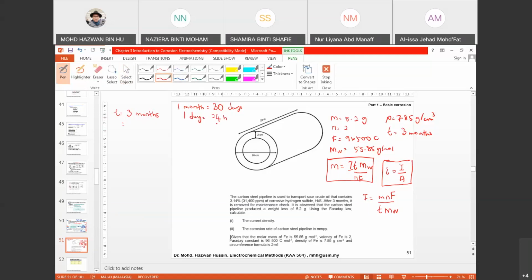1 hour equals to 3,600 seconds. If you want to convert into weeks also you can. Like 1 month, how many weeks? 1 month equals to around 4 weeks. Then 1 week is around 7 days.